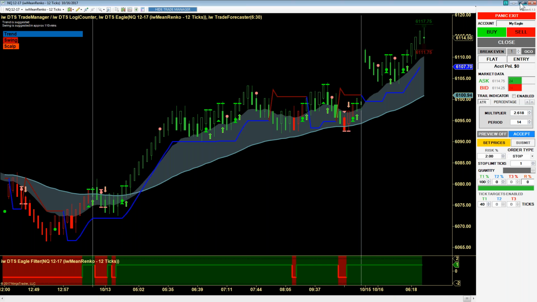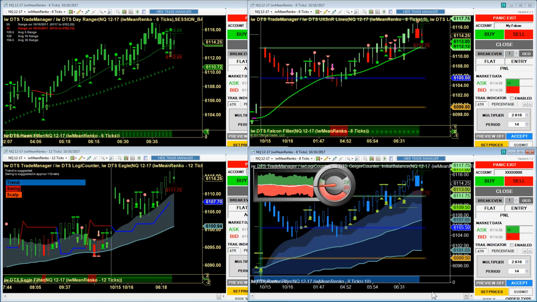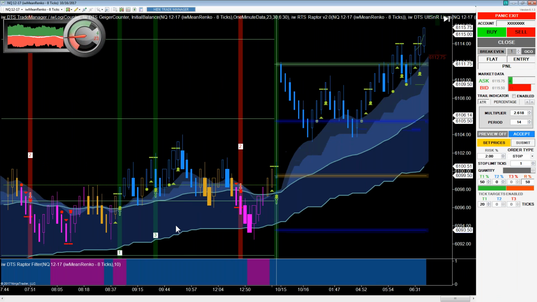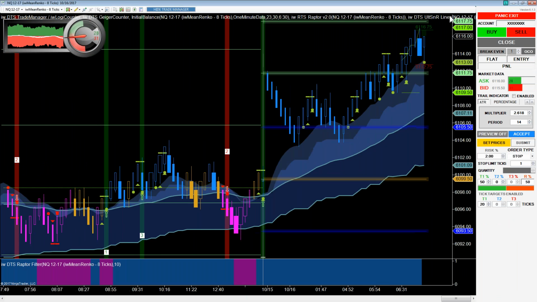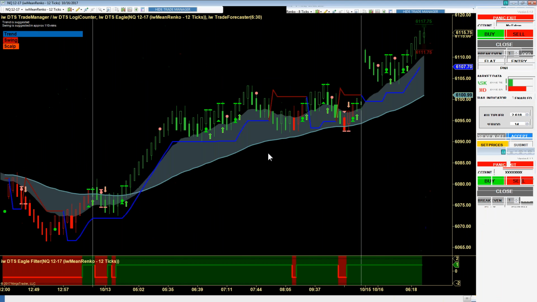Here's a fun fact about trading. 75% of all breakouts will fail. Here, let's do it here on the Raptor. No, actually, let's do it on the Eagle. It's a little bit cleaner.